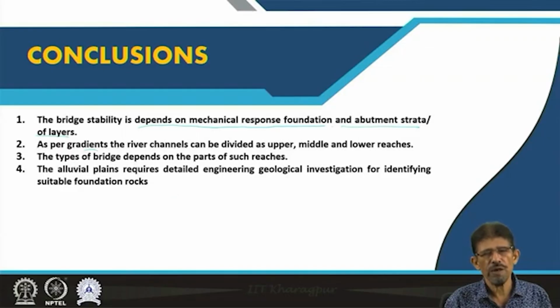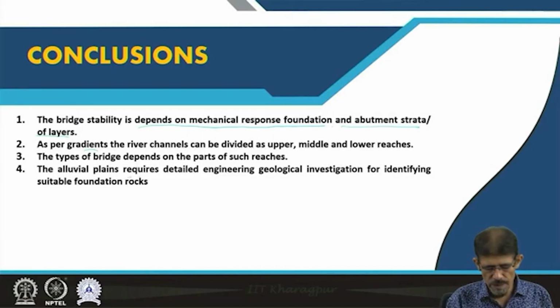We have already discussed the upper reach with a single span, and the middle reach where one or more piers are required, multi-span. Then in the lower reach, there are many spans with more than 2-3 piers, and some of the piers may be located in the water zone.